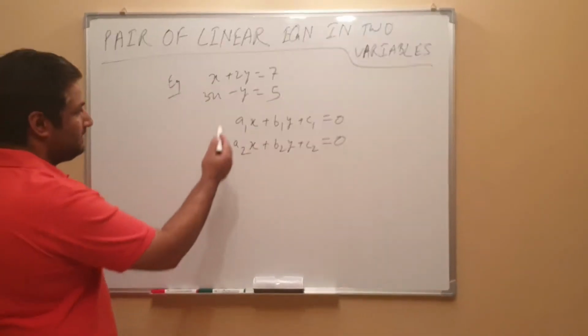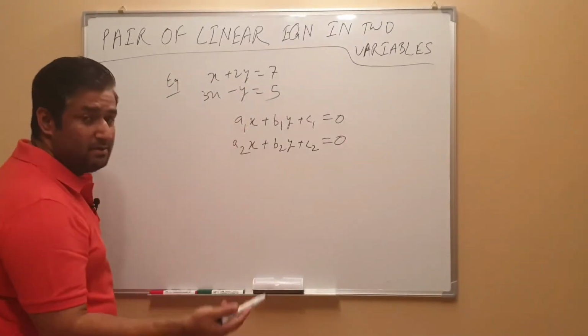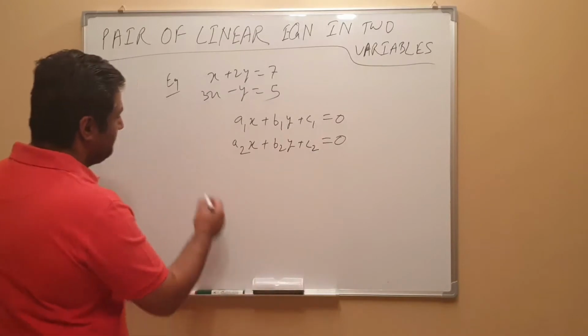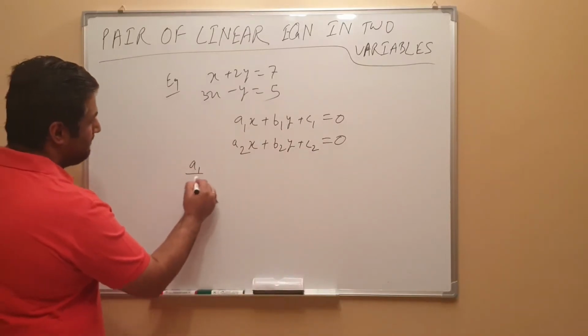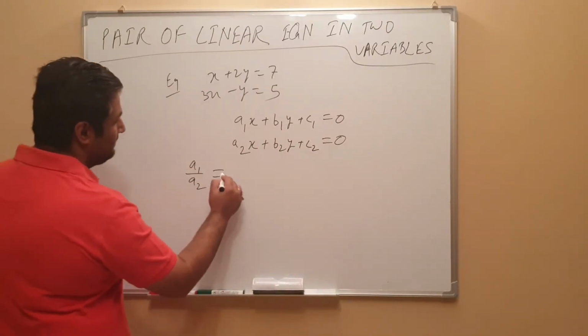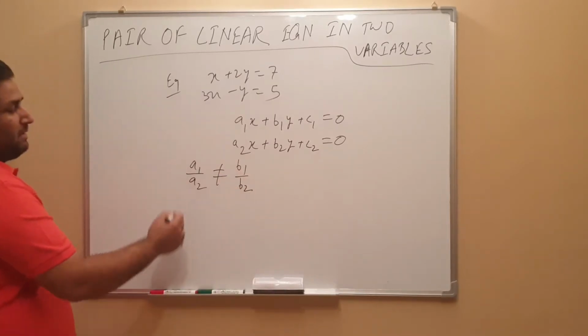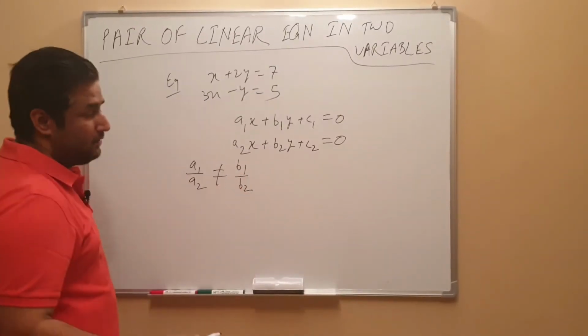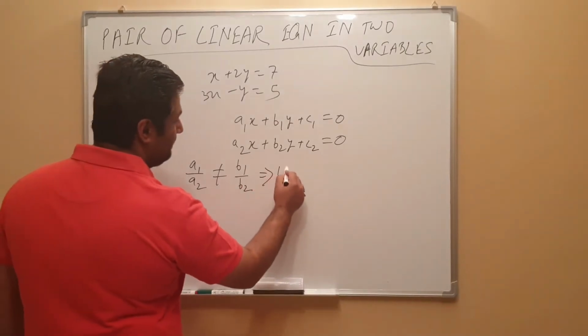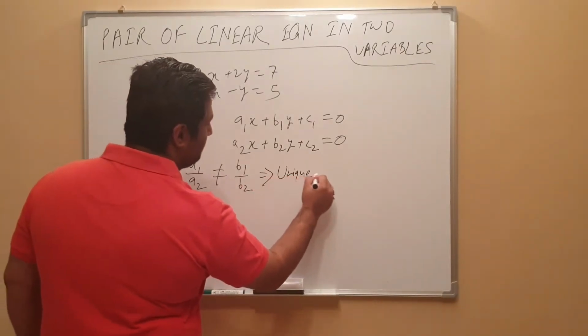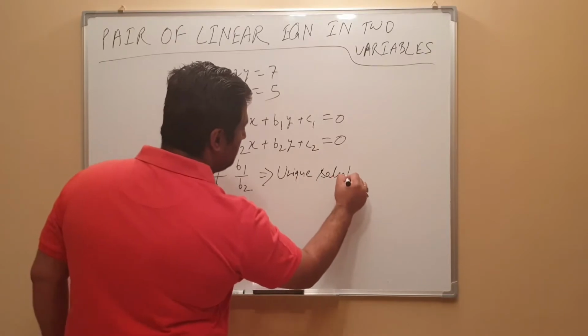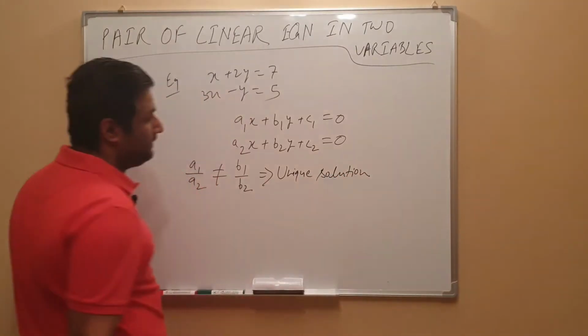First of all you have to understand a certain combination here, that combination of the multiples of the x and y terms, right? So if a1 by a2 is not equal to b1 by b2, then you will have a unique solution, right?